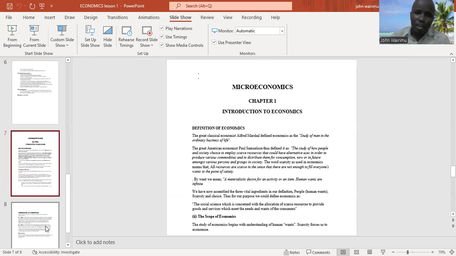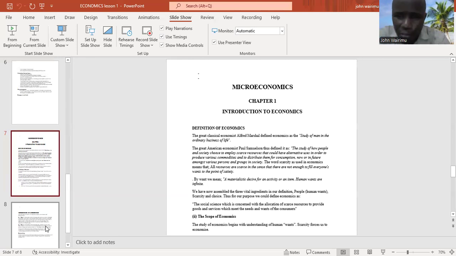An American economist by the name Paul defined economics as the study of how people and society choose to employ scarce resources that could have alternative uses in order to produce various commodities and to distribute them for consumption now or in the future among various persons and groups in a society.